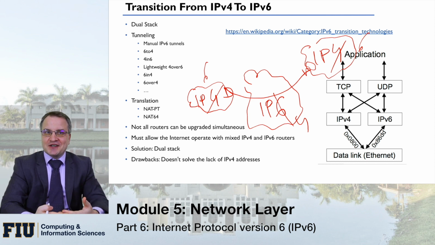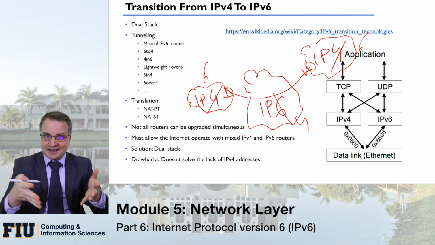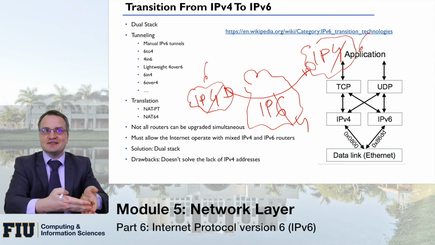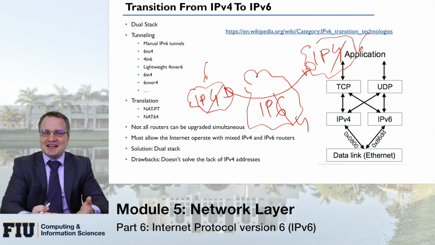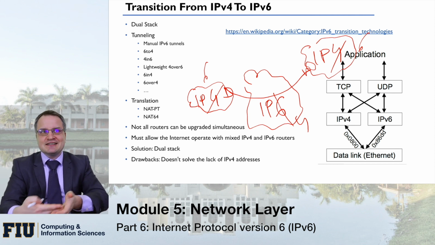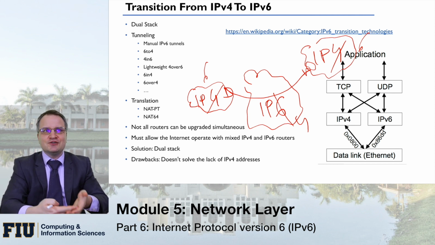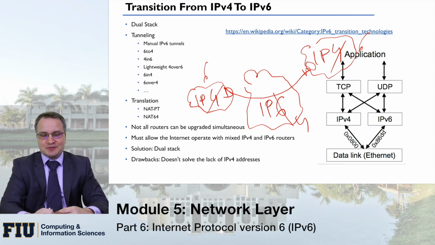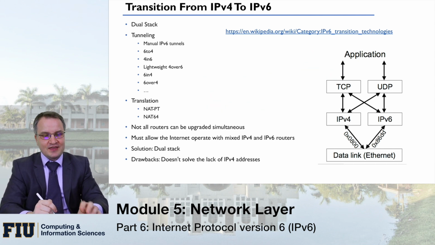I hope you got some idea behind the tunneling, and this reflects in the naming. So you can do 6to4, you can have 6in4, you can do 4in6. I'm not sure there is a 4to6, but there are tons of different interesting names of those protocols and different mechanisms.